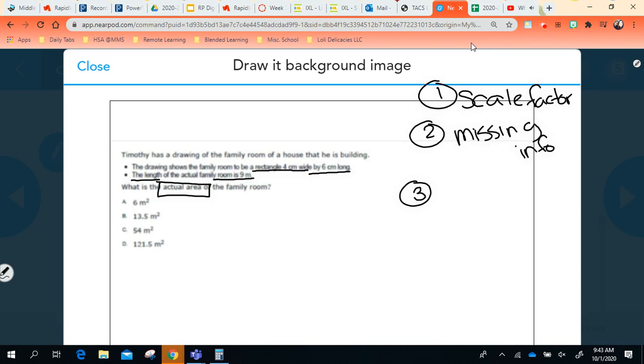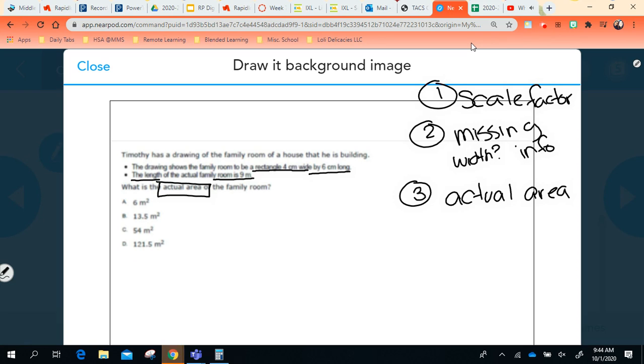Do I know how wide it is? No, I don't. So I need to find the width. And then once I can figure that out, then I find the actual area.